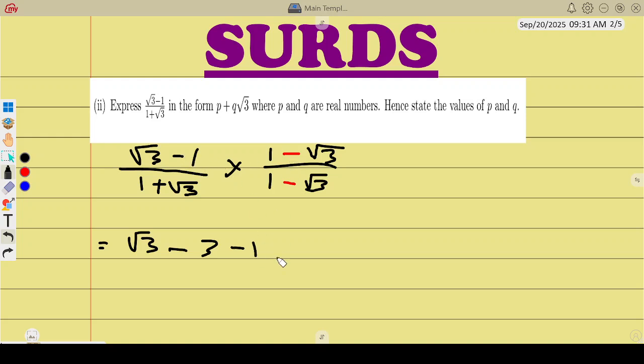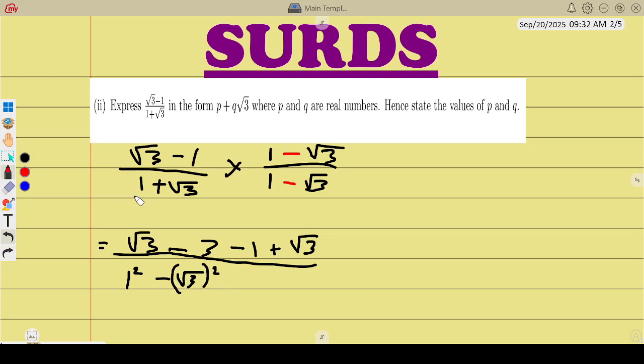And then negative and negative, there we have a positive. 1 times root 3 is root 3. Over here we have the difference of two squares. Remember from the video for mega tips. So this is just 1 squared minus root 3 squared. So root 3 squared.